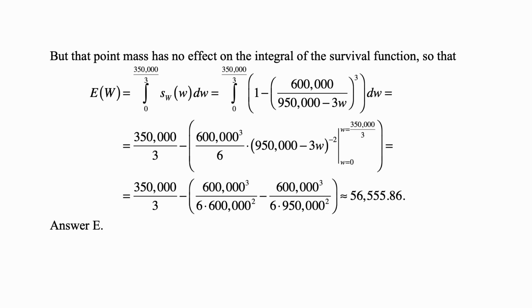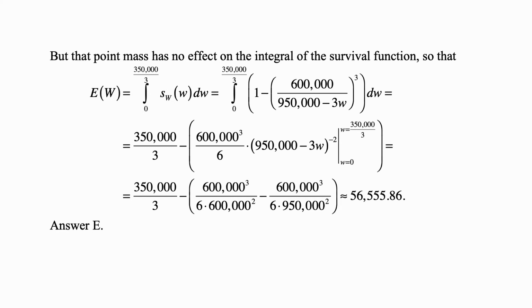And we will, of course, use the Darth Vader rule to calculate the expected value. The point mass has no effect on the integral of the survival function from 0 to plus infinity. And in fact, we don't need to go all the way to plus infinity. We just need to calculate the integral of the survival function to the greatest possible value of the random variable W, which is 350,000 over 3.